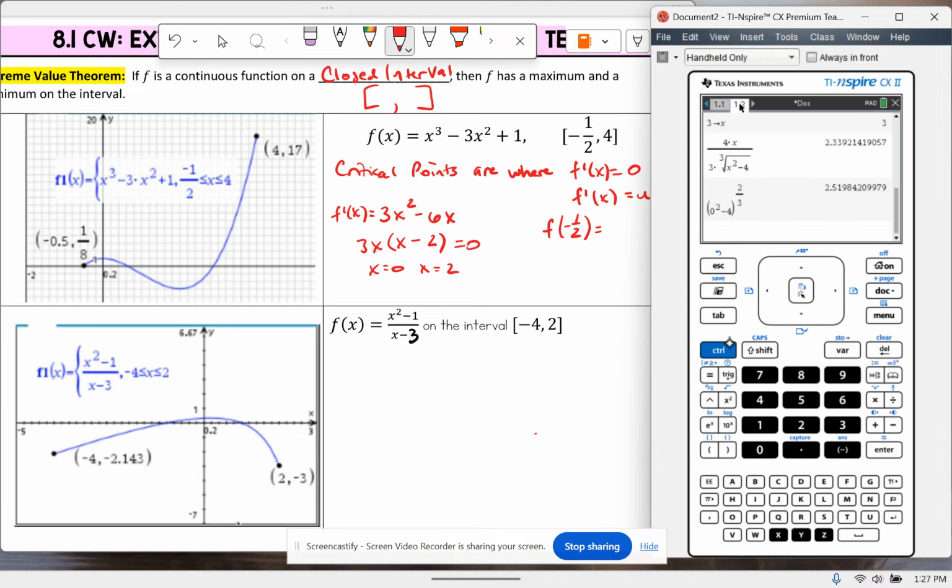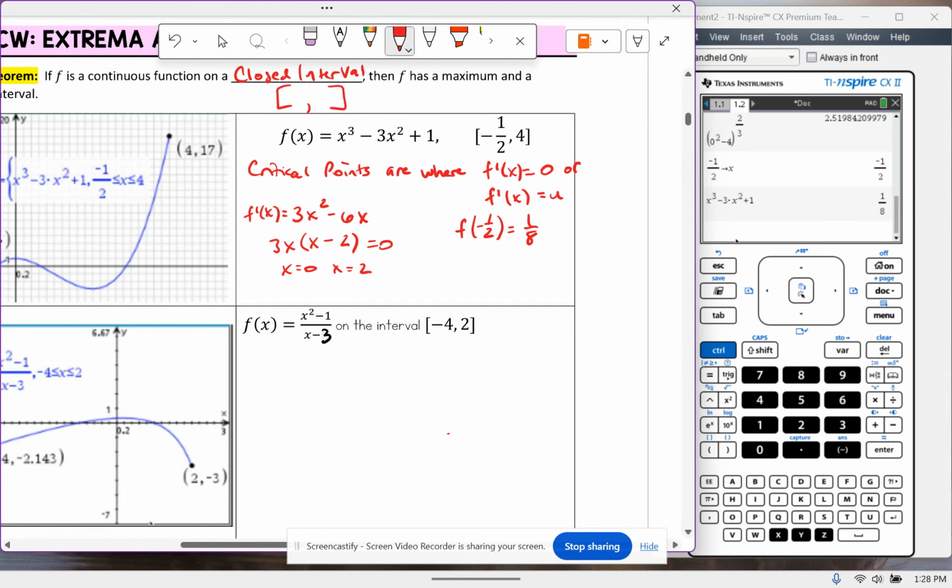Do you guys know how to do this fast, how to check the sign fast? You could either graph it and go on the table, or you could store a value. And since we're gonna be testing a bunch of stuff in the same function, you can just do x cubed minus 3x squared plus 1 and get your sign, right?